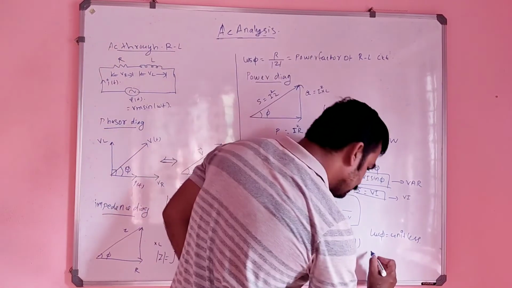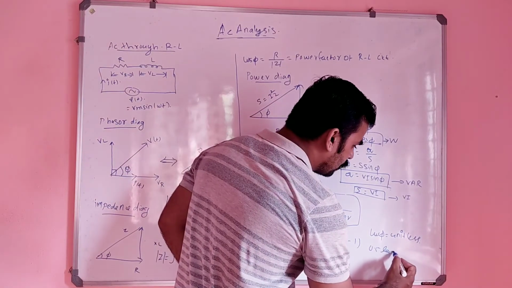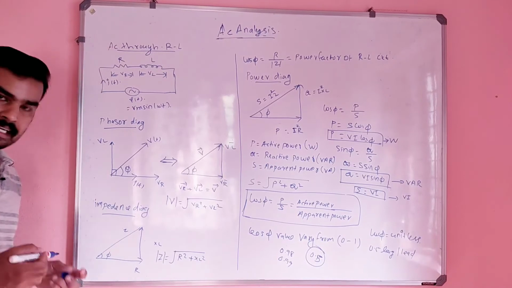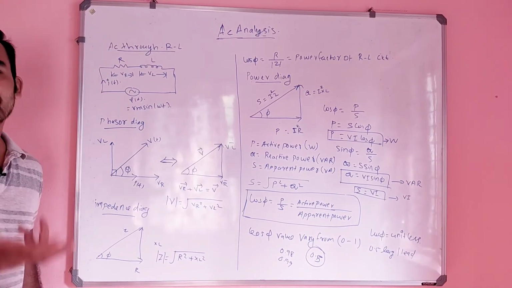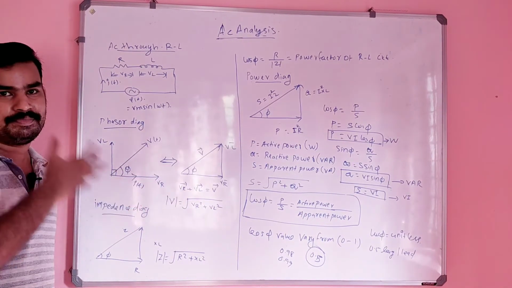But sometimes we can say cos phi is equal to 0.5 lag or lead. 0.5 lag means it's an RL circuit. That means there is an influence of the inductive component.